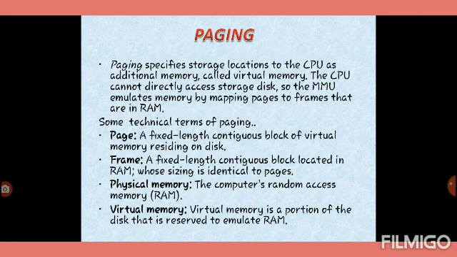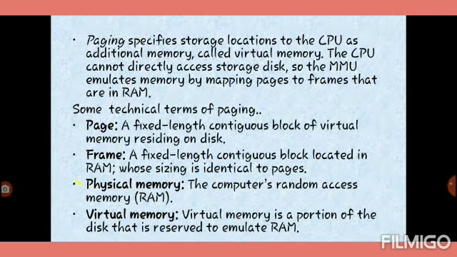Now we see paging in detail here. Paging specifies the partition of jobs into pages, and every page is of equal size, as we know. These are the technical terms of paging.